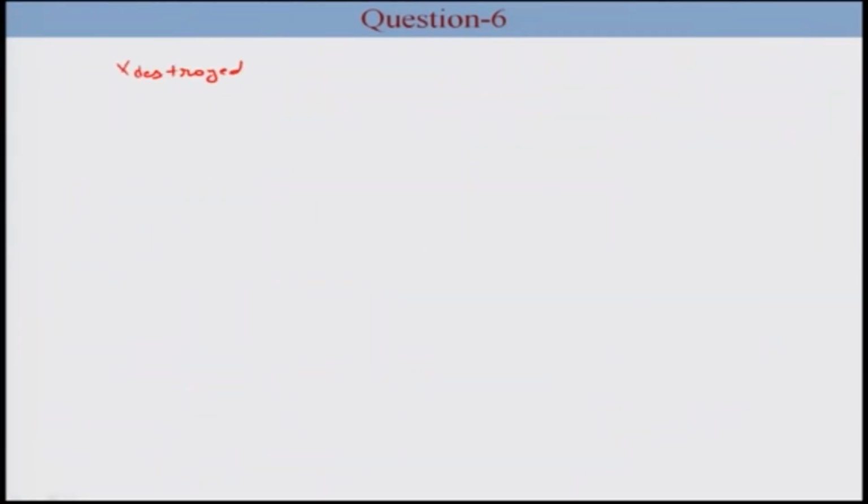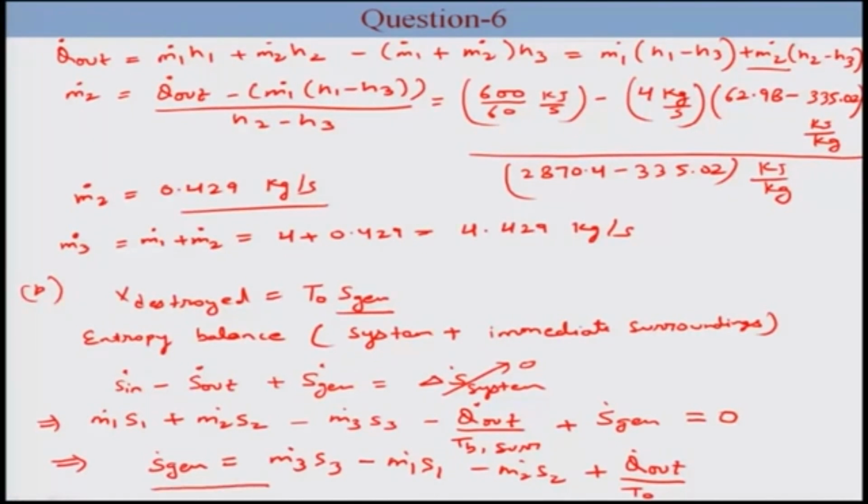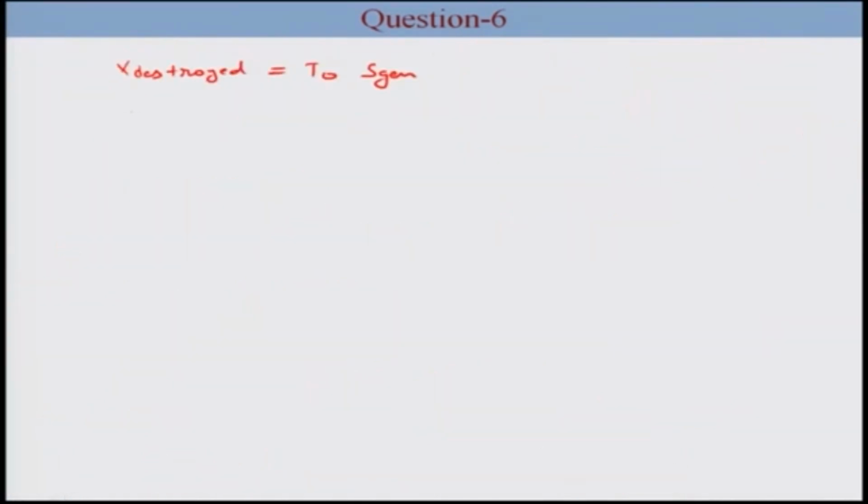Now substituting all the values, as exergy destroyed is equal to T0 S gen. So substituting the value of S gen from here, we can calculate X destroyed as T0 times (m3 dot s3 minus m2 dot s2 minus m1 dot s1 plus Q dot out divided by T0).